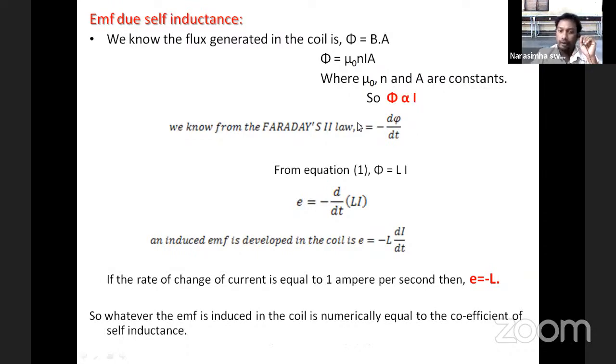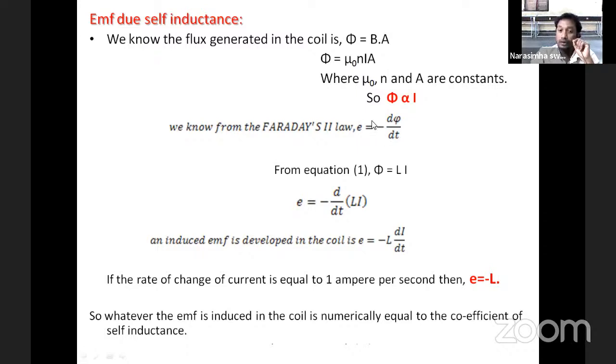If I is changing, the magnetic flux is also changing with respect to time, and that rate of change is equal to the electromotive force generated in the coil.